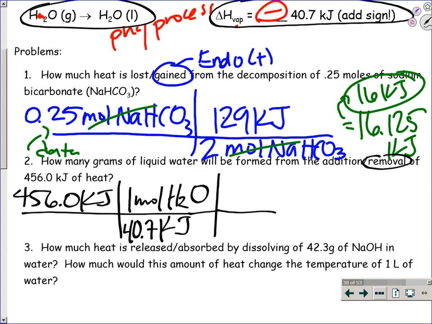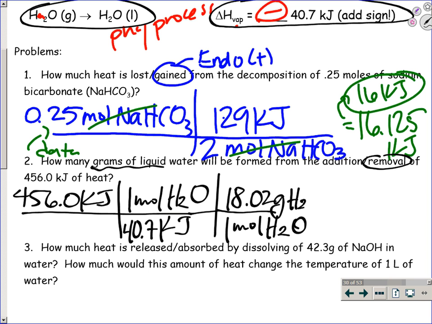Okay. So we're getting to grams. So what's our next step, Bryce? Okay. And can you approximate that? 18.02 grams of water. Okay, gotcha. Thank you. And our kilojoules should cancel. Our moles of water should cancel.